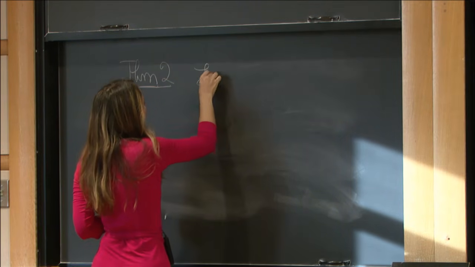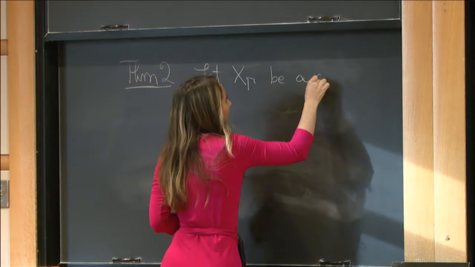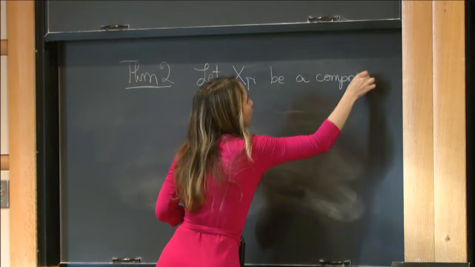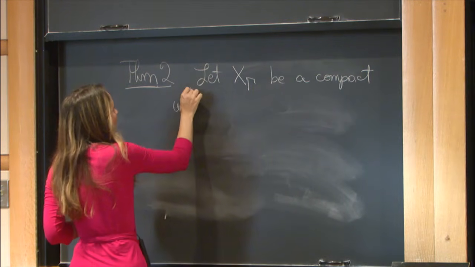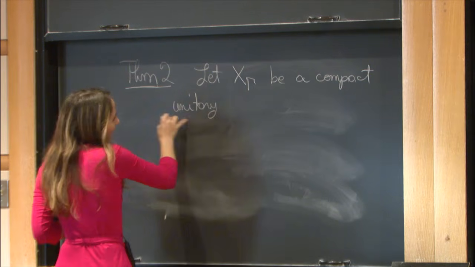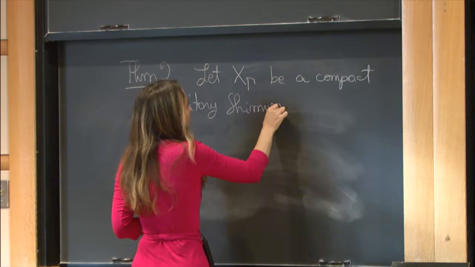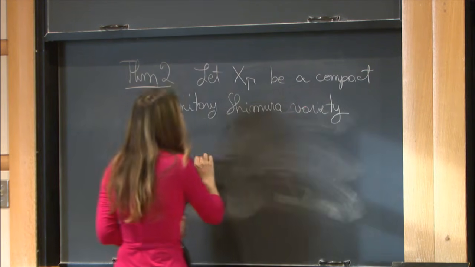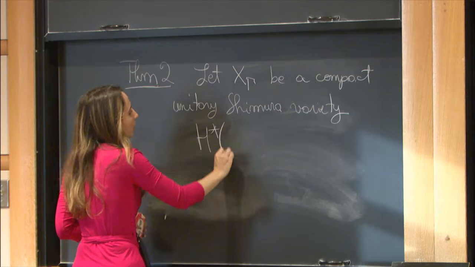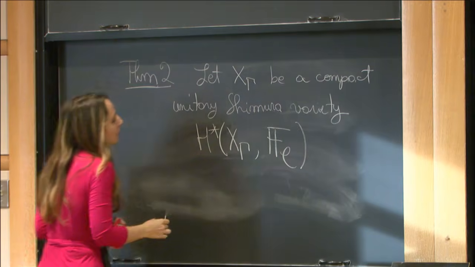So let X_gamma be a compact, so not like the modular curves. You actually want it to be compact, and you want it to be the locally symmetric space coming from a unitary group. And you have an algebraic structure, so you have a compact unitary Shimura variety. And then the question is about the cohomology of such a space with torsion coefficients.